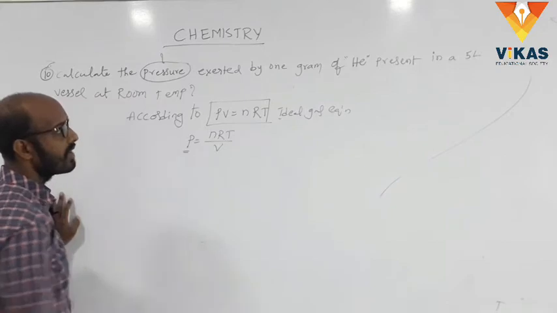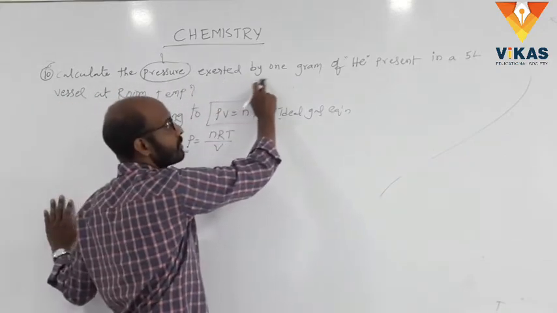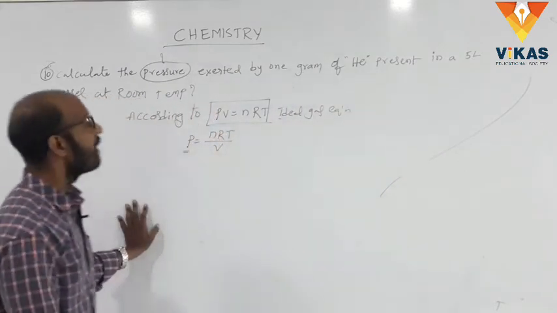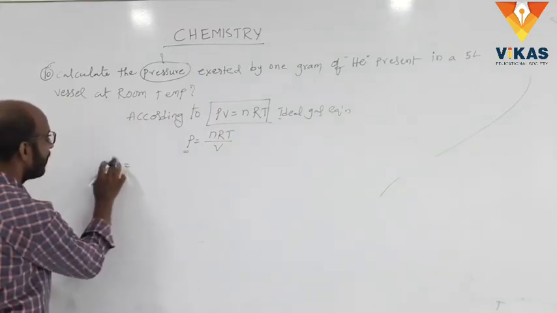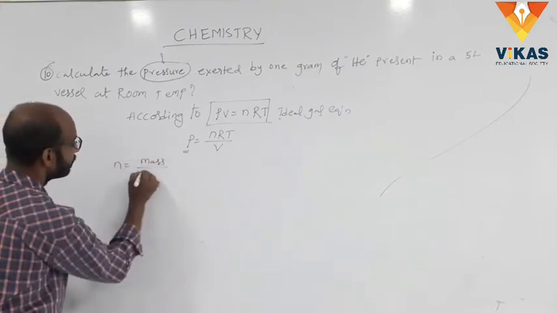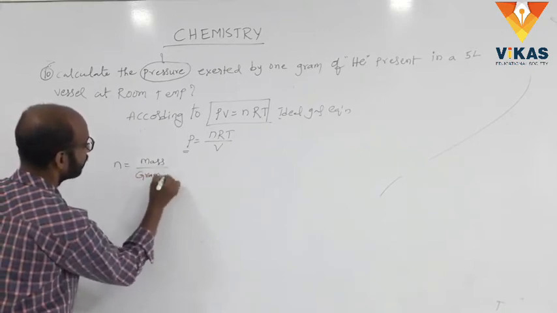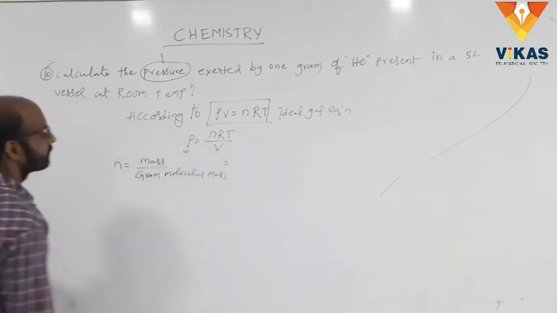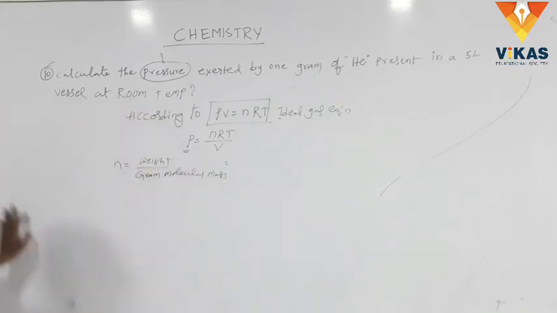We are given the data. What is the data? Helium present in a 5 liter vessel at room temperature. And the n value: n is equal to weight by gram molecular mass.